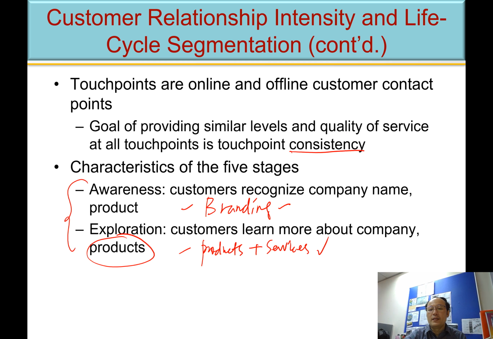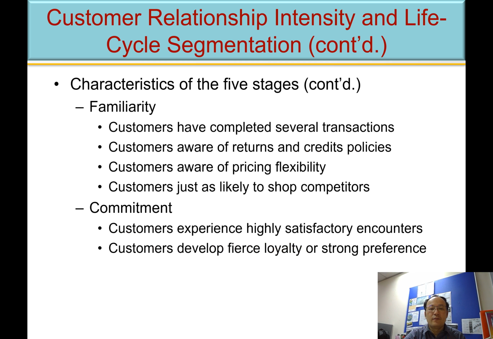Characteristics of the 5 stages: familiarity, the customer has completed several transactions. Because customers are familiar, they come back again and again to buy. The customer is aware and returns, and they understand the policies and procedures. And commitment, the customer experiences highly satisfactory encounters. This is what we call loyalty.